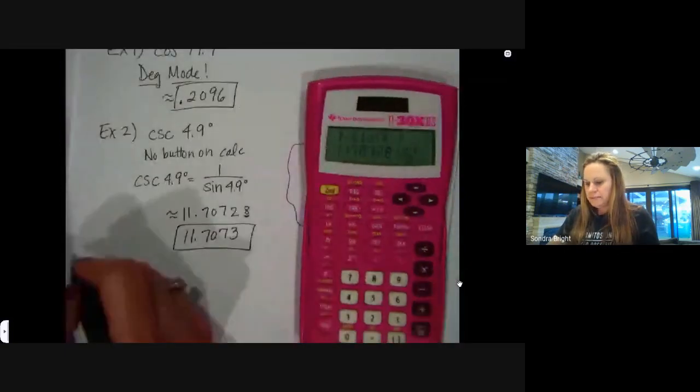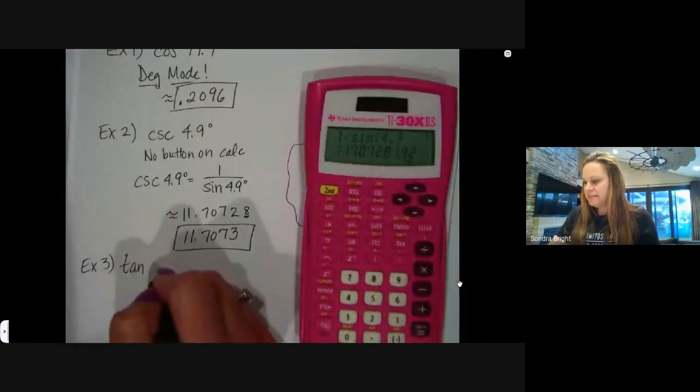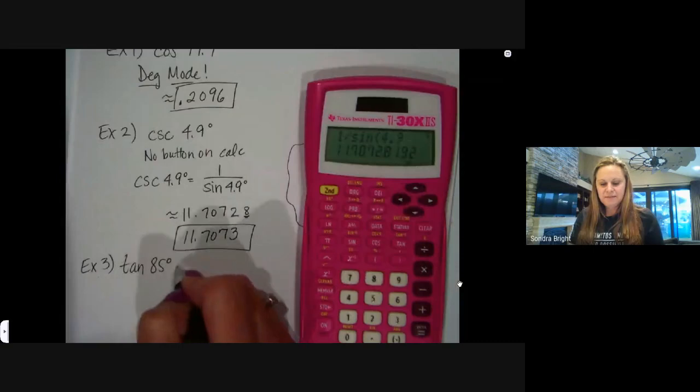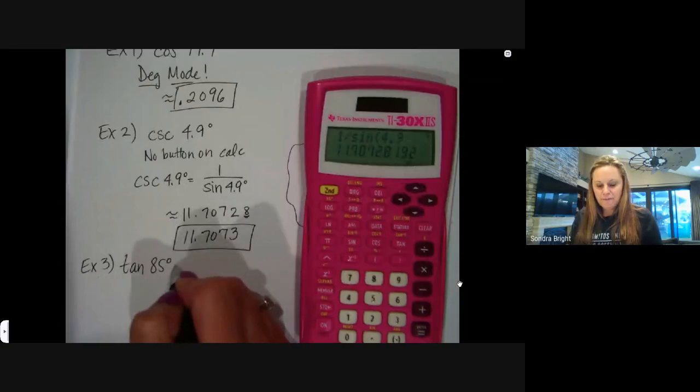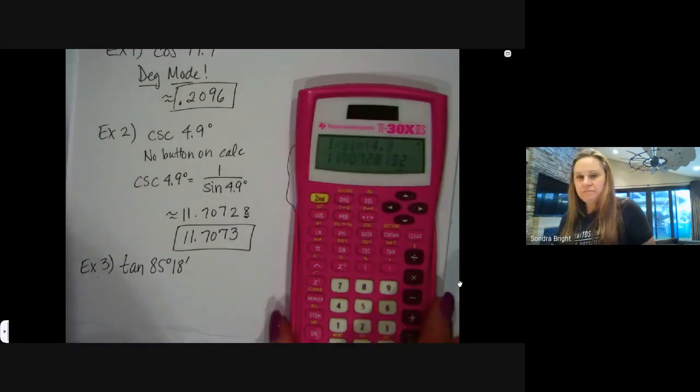How about tangent of 85 degrees, 18 minutes? All right, so there is a button on your calculator for this. We have a tangent button, so not a problem.